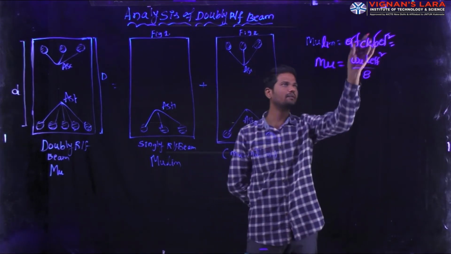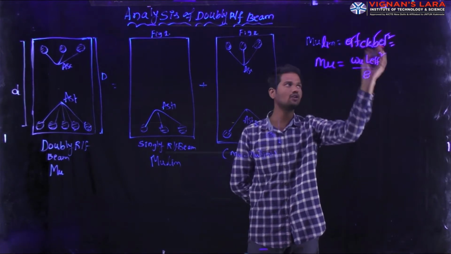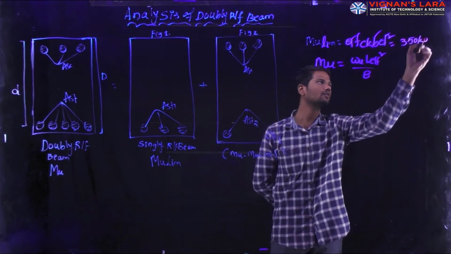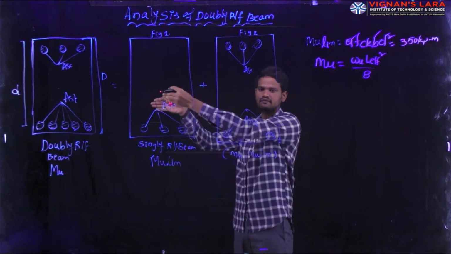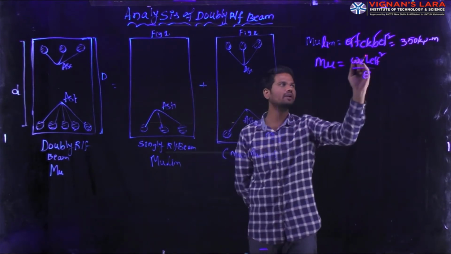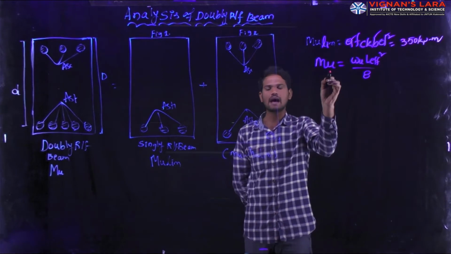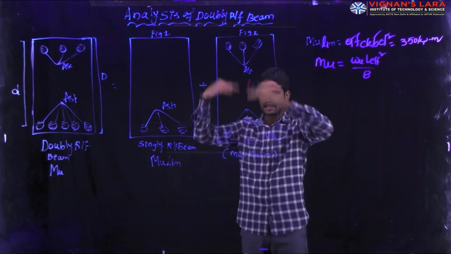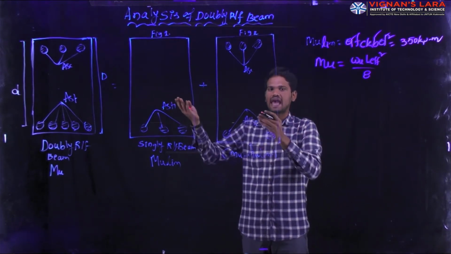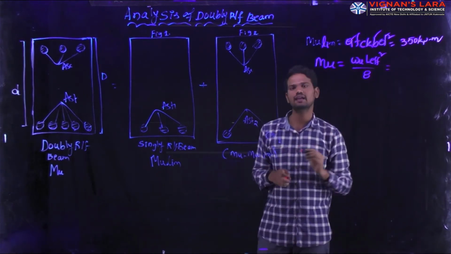By substituting some values, that means by fixing the beam width, beam depth and beam length, I get the limiting moment value as 350 kilonewton meter. Next, I apply some additional load on the beam, depending on the type of load.